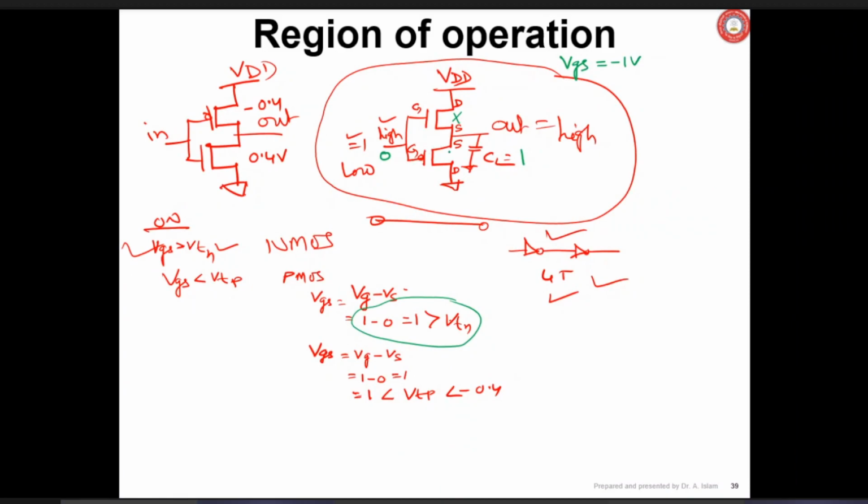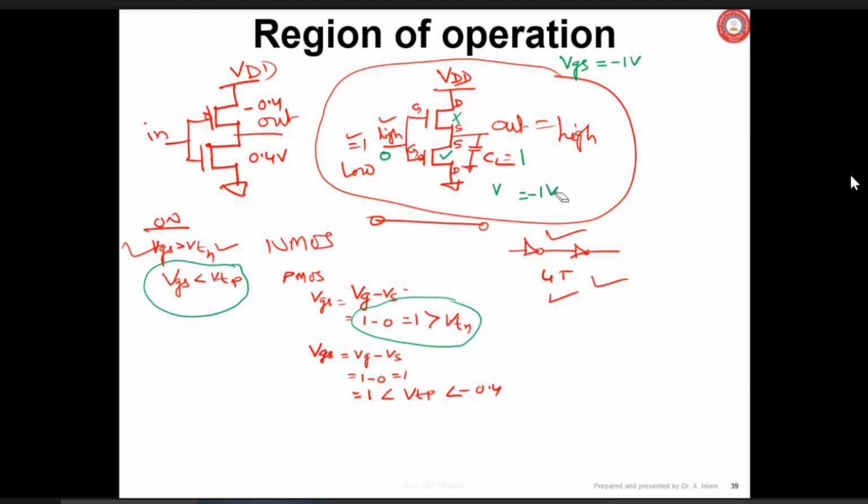VGS is minus 1 volt. So it is on or off? On. It is on because its threshold voltage is minus 0.4 volt, and VGS should be less than VDB, and it is satisfying. So the P MOSFET is on. So it's good, no problem. The pull down network should be off during input 0.